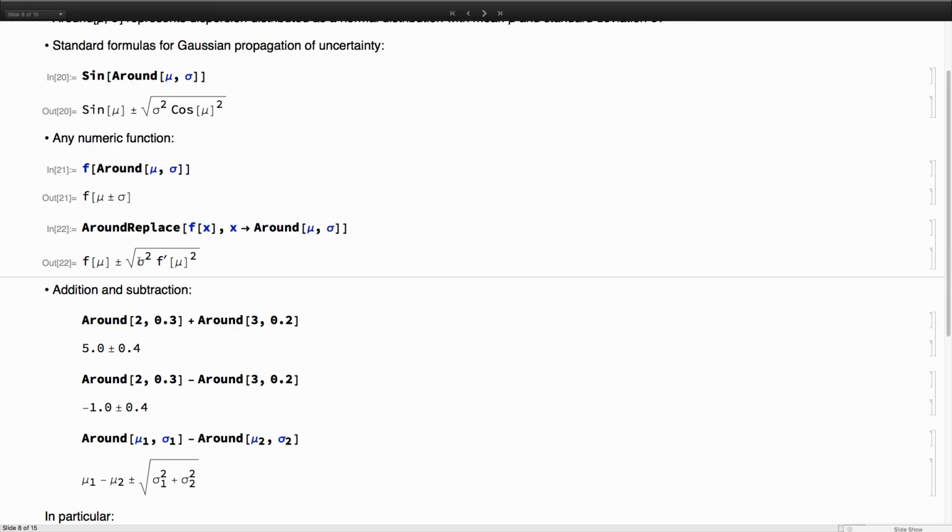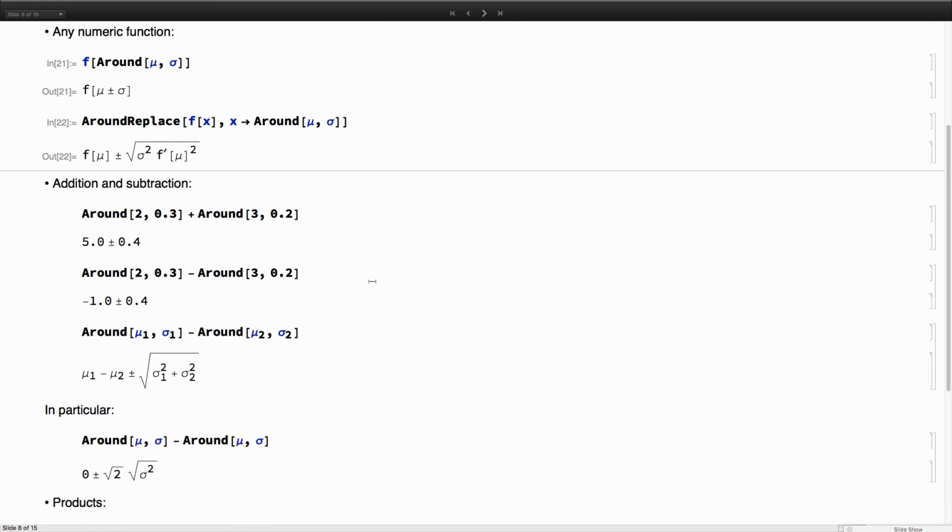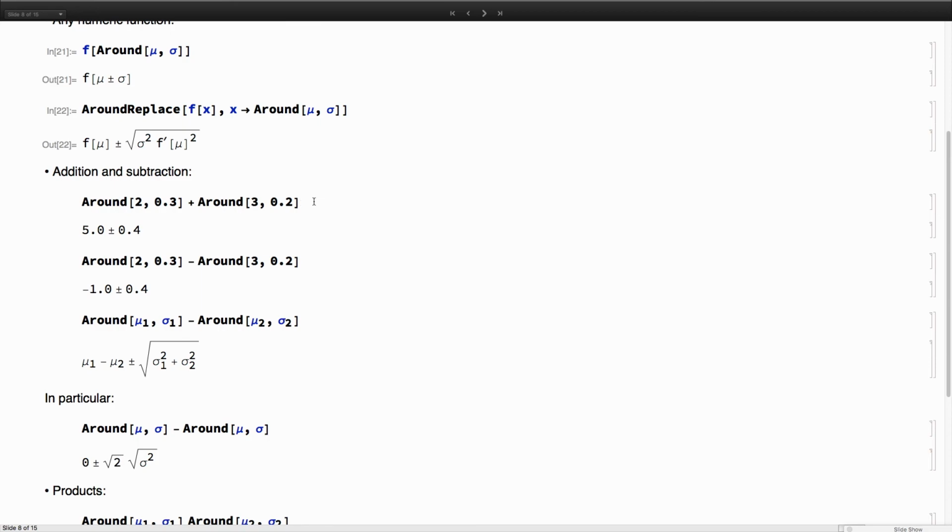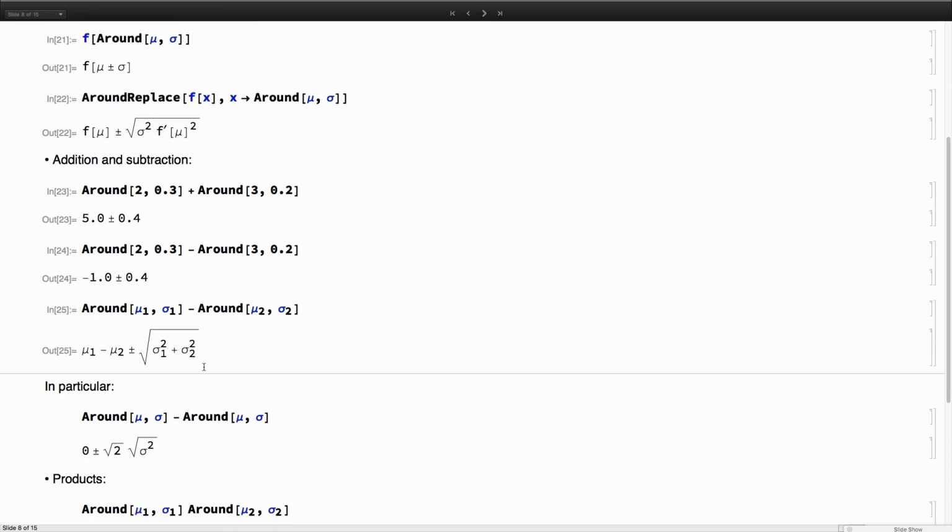So the squares, first order derivatives, etc. Now this is all being done automatically for the standard operations, subtraction, addition, etc. So this is the case of subtraction with 2 of them, where we always have the sum.